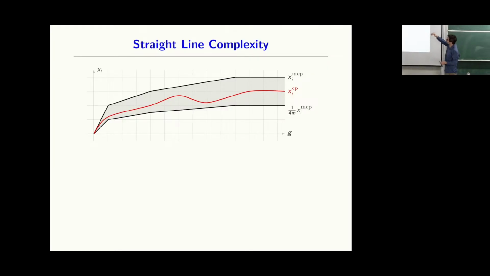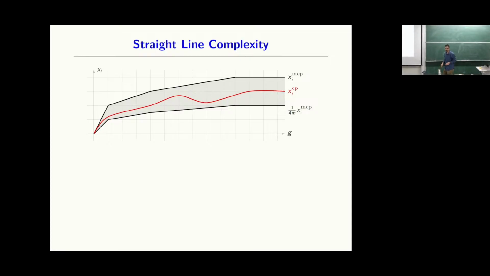And the other axis is how far away I am from the ith constraint. Now this max central path is going to be this top curve, and it tells me how much slack I can get for a given upper bound on the gap G. The bottom is just a scaled down version. And what the previous inequality says is that the actual central path is sandwiched in between these two things.